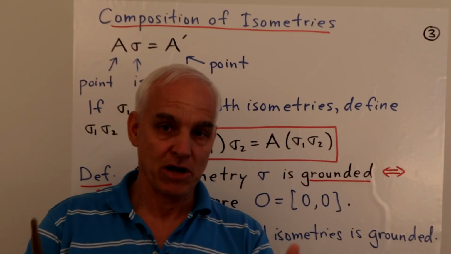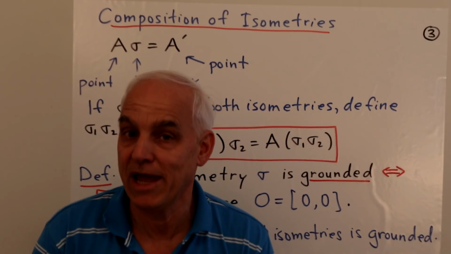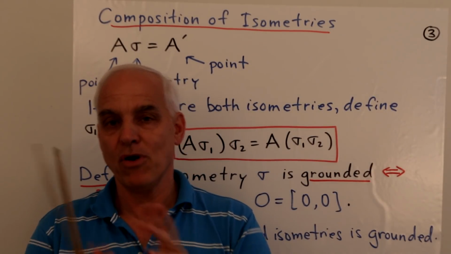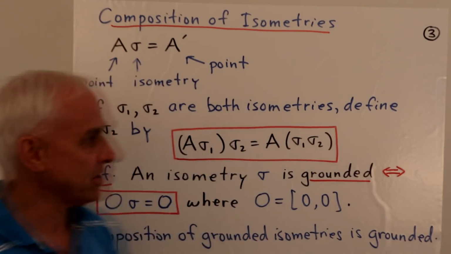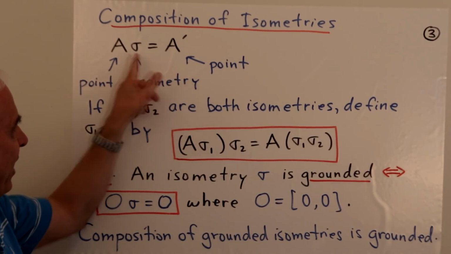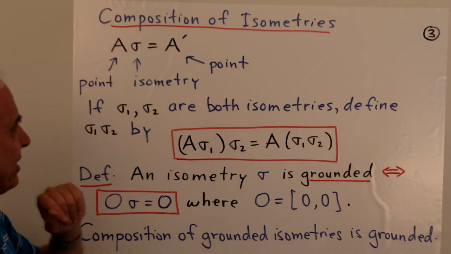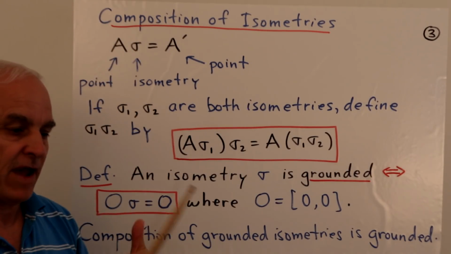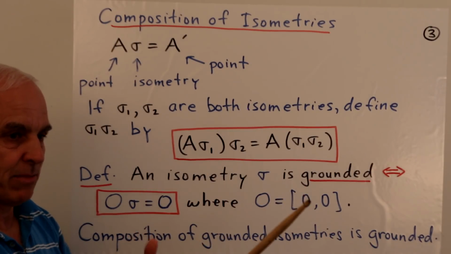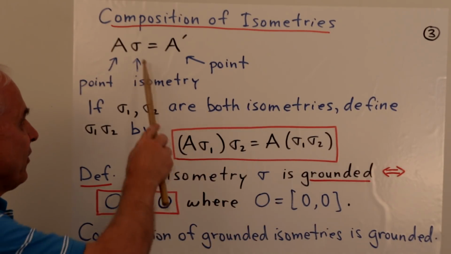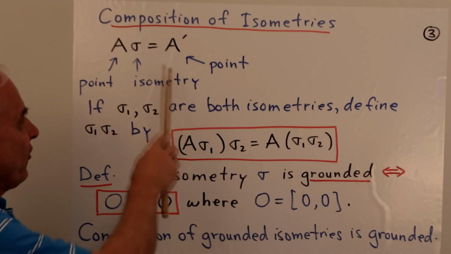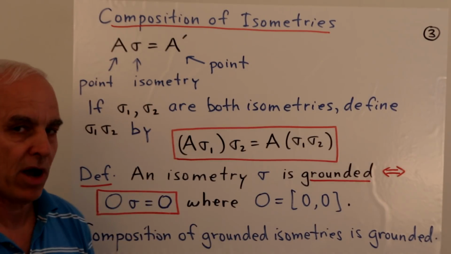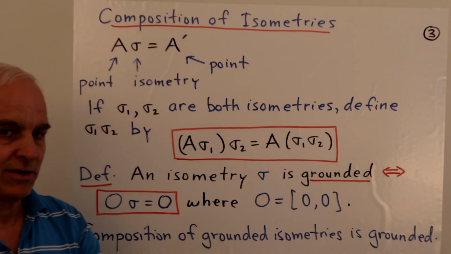All right, so now let's talk about how we represent isometries on the page and how we compose isometries. So here's the convention that we're going to use. A is a point, sigma is an isometry. A followed by sigma represents the effect of the isometry sigma on the point A. So this equation tells us that A is moved to the point A prime by the isometry sigma.